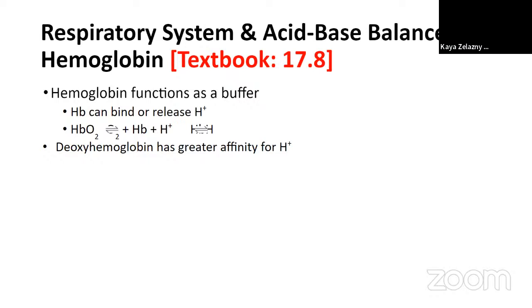Deoxyhemoglobin, just as a note, so our hemoglobin that doesn't have oxygen bound to it, has a greater affinity for hydrogen ions. So the oxygenation state of your hemoglobin does matter. Hemoglobin without oxygen is going to be better at buffering our hydrogen ions.